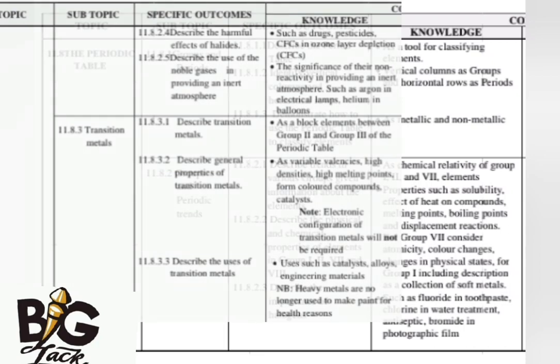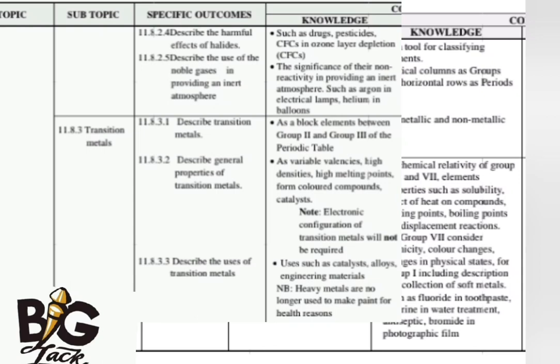Let me say they are going to ask you to describe the transition metals. If they ask you to describe the transition metals, a transition metal is just a block element between group 2 and group 3 of the periodic table.